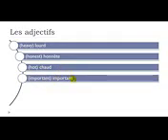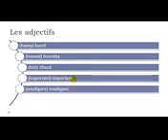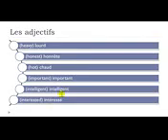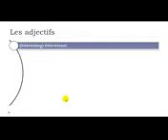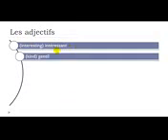Important, final T not pronounced. Intelligent, final T not pronounced. Intéressé. Intéressant, final T not pronounced. Gentil. So it's a strange one because here this final L is not pronounced. Okay? Gentil.